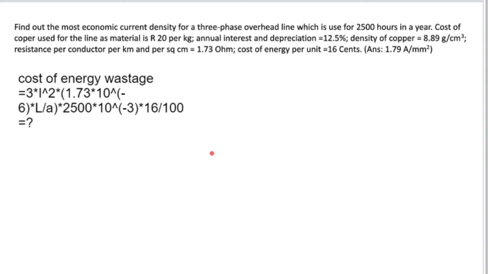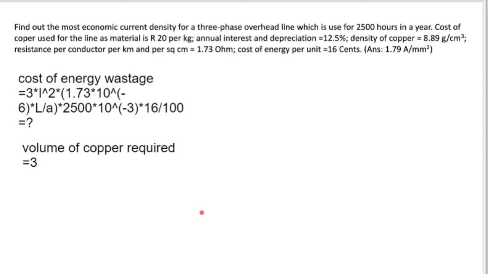So we can go to the next step to calculate the volume of conductor. Now we want to calculate how much volume of copper is required. For 3-phase lines, there are 3 conductors. We are not considering the neutral here, you must remember that.